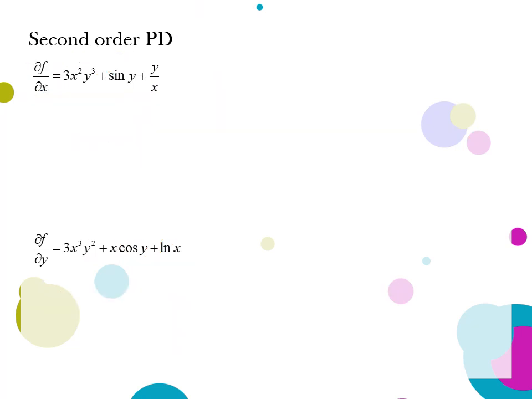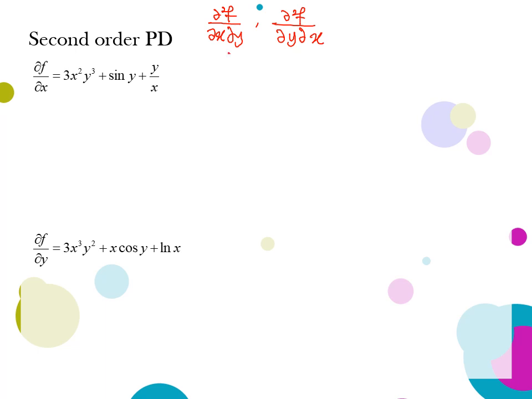So we have two remaining second order partial derivatives, which are del squared f, del x, del y, and del squared f, del y, del x.